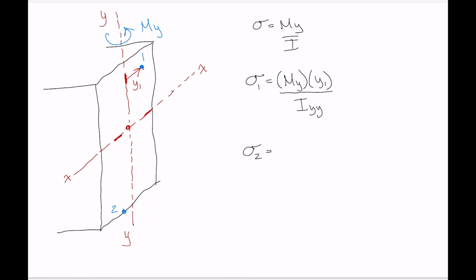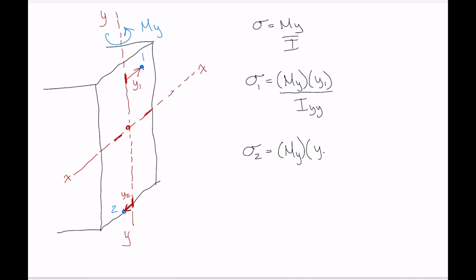For the stress at location 2, we use the moment about the y-axis, and then our distance, again, is the perpendicular distance from the axis that the moment's acting about to the location where you want the stress, right? So this is our distance y2 here.